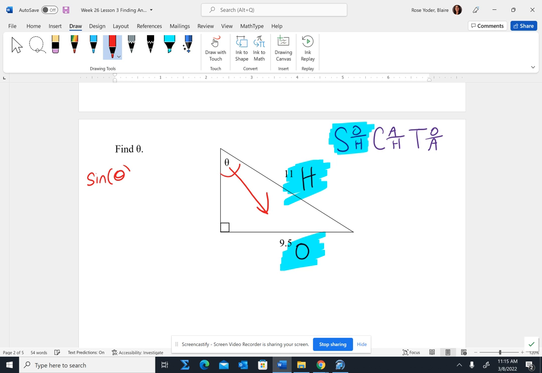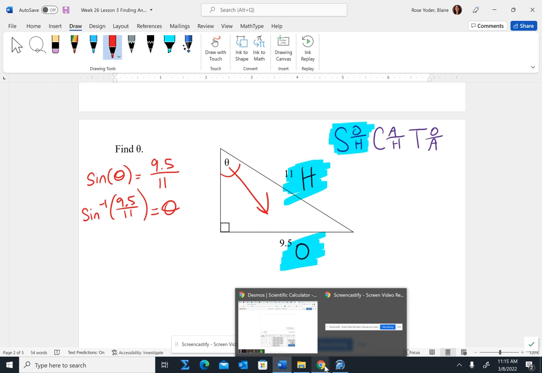Sine of theta is 9.5 over 11. I want to switch my input and my output, so I have to use this new inverse. Switch the input and the output, type it in the calculator, and ta-da, that will give the answer.